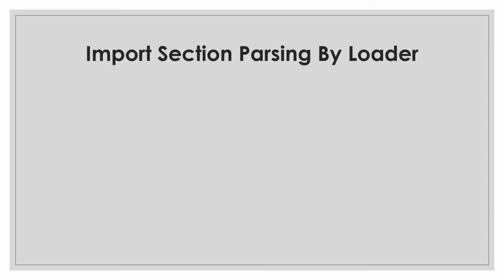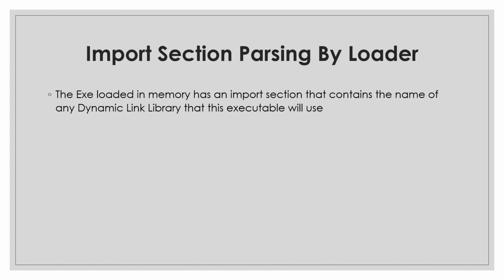Now let us discuss the import section of the executable. Every executable has an import section. The work of the loader is to parse this import section of the executable. The exe loaded in memory has an import section that contains the name of any dynamic link library that this executable will use.